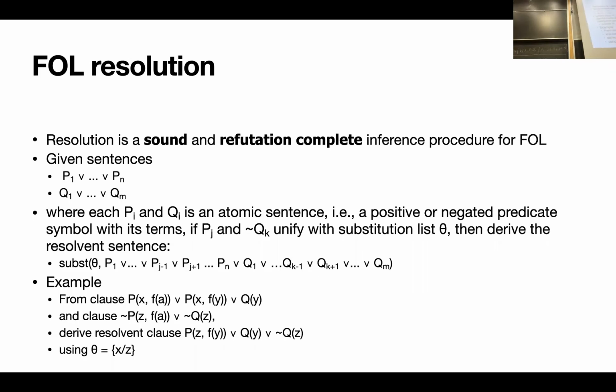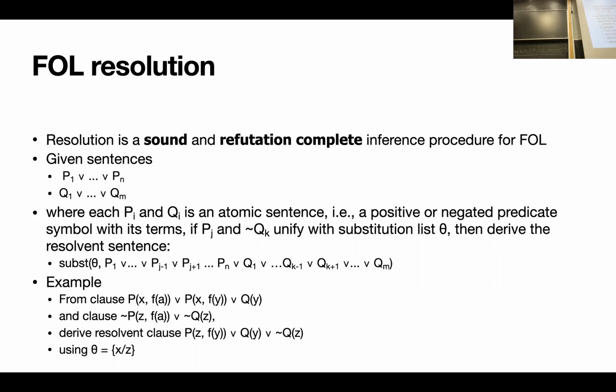Then we can derive all the other ones, P1 excluding Pj here, and here without Qk, with a particular substitution theta that made these equal. So we need a substitution theta that makes these complementary literals.